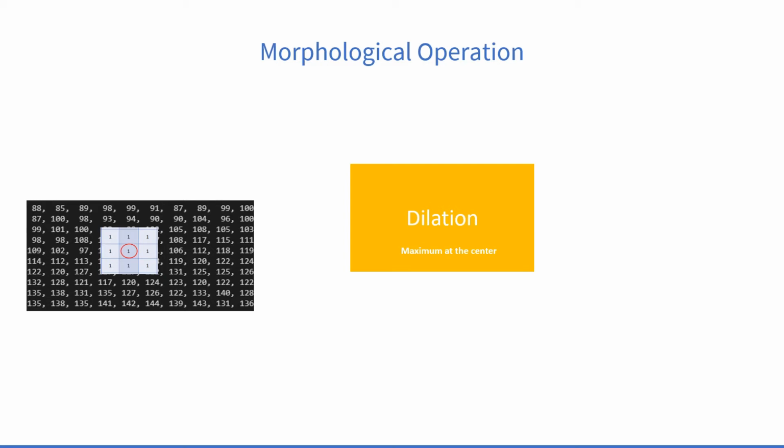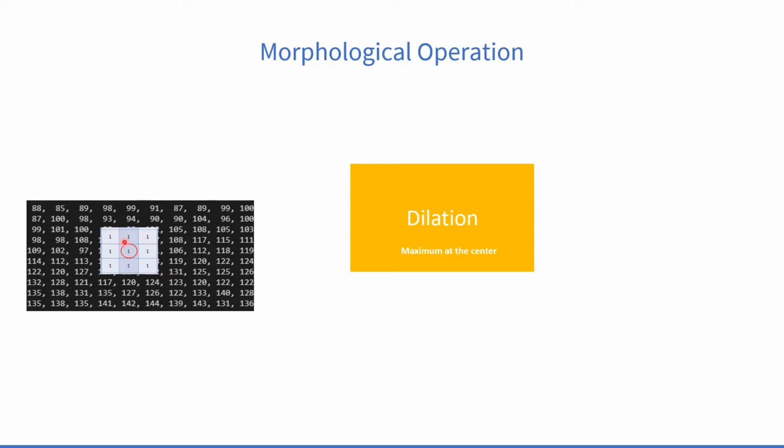For dilation and erosion, we expect the kernel values to be 1. We keep the 3x3 kernel on one pixel, and we check all the pixel's neighbors. Taking this center pixel and its neighbors, we get the maximum. So the dilation process is getting the maximum of the neighbors and replacing the center.